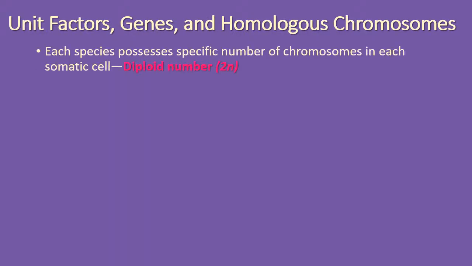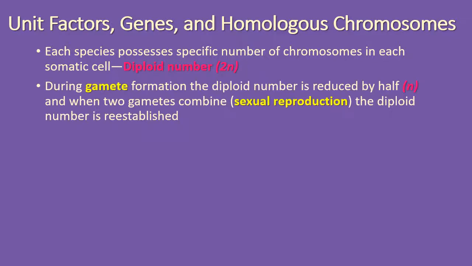So just a recap of everything we've been talking about, from both Chapter 2 and Chapter 3 now. We know that each species possesses a specific number of chromosomes in their somatic cells, and that number is considered the diploid number, or 2N, and so that consists of 2 chromosomes or 2 homologs carrying 2 alleles, or 1 allele each, so 2 alleles total for every trait that we have.